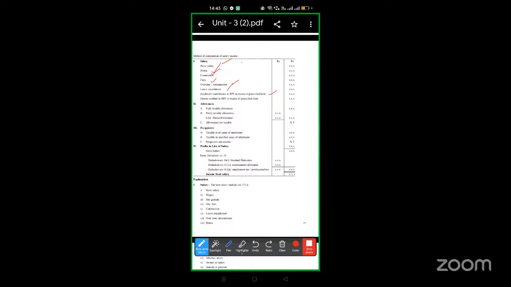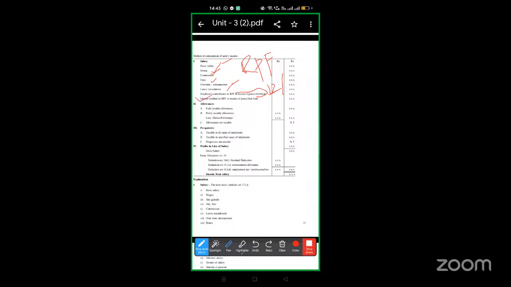RPF is nothing but recognized provident fund. That we'll understand in due course. Recognized provident fund in excess of the prescribed limit. What is the limit here? It should be only 12%. If your employer is contributing more than 12%, in that case, the excess over 12% is taxable.